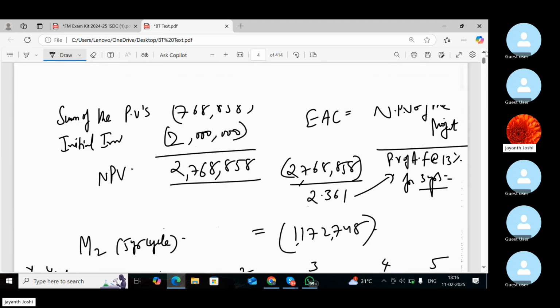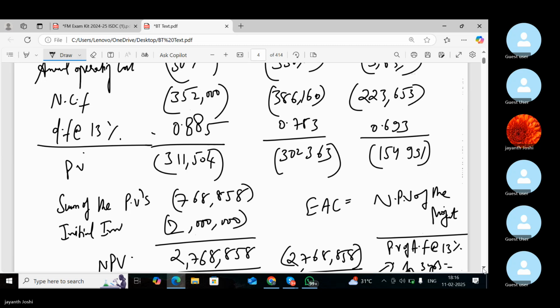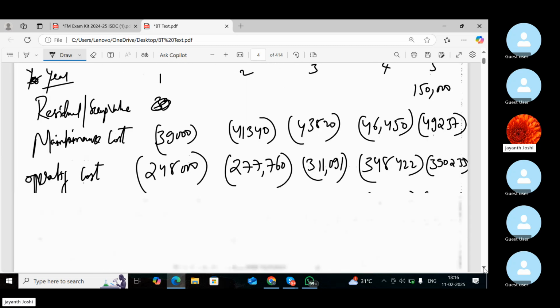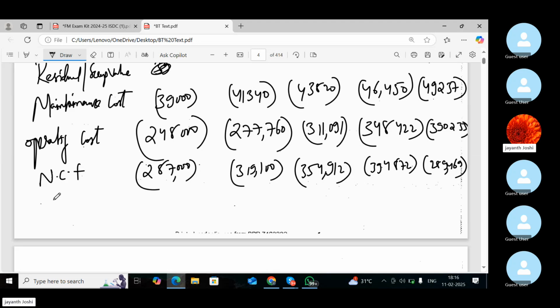We have taken the discount factor already. So for both the machines, it's the same one. Of course, it's going to be the same. And discount factor at the rate of 13%.